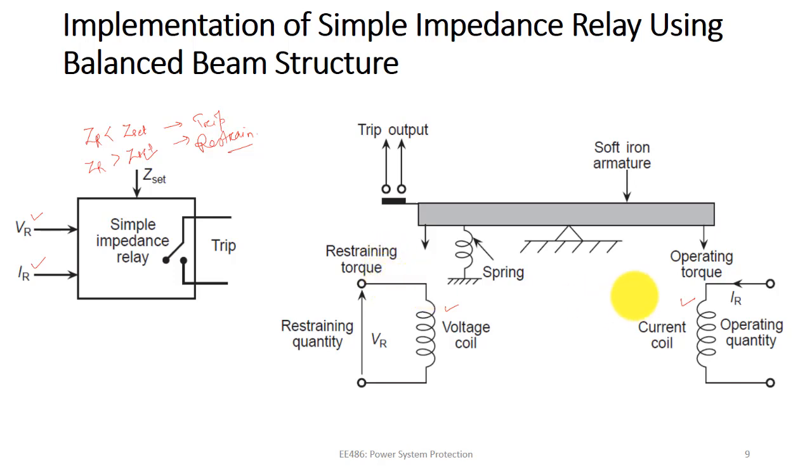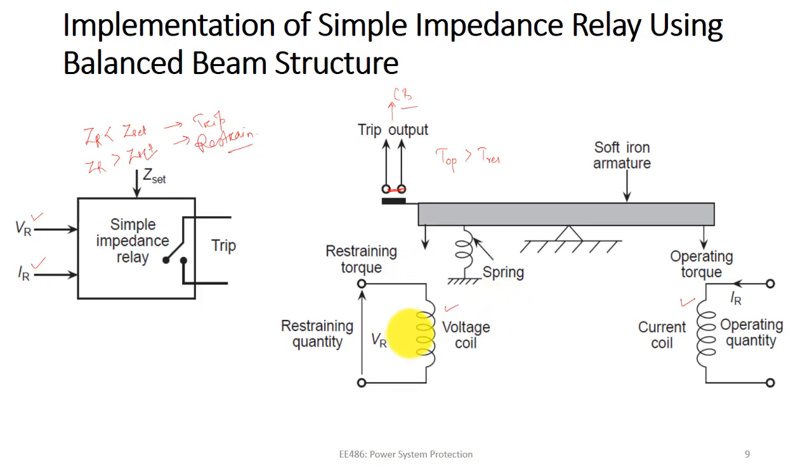If we apply current here, it gives operating torque. When the operating torque becomes greater than the restraining torque, this contact will short circuit the two points. When it short circuits, it gives a trip command to the circuit breaker. This is how the balanced beam structure operates.